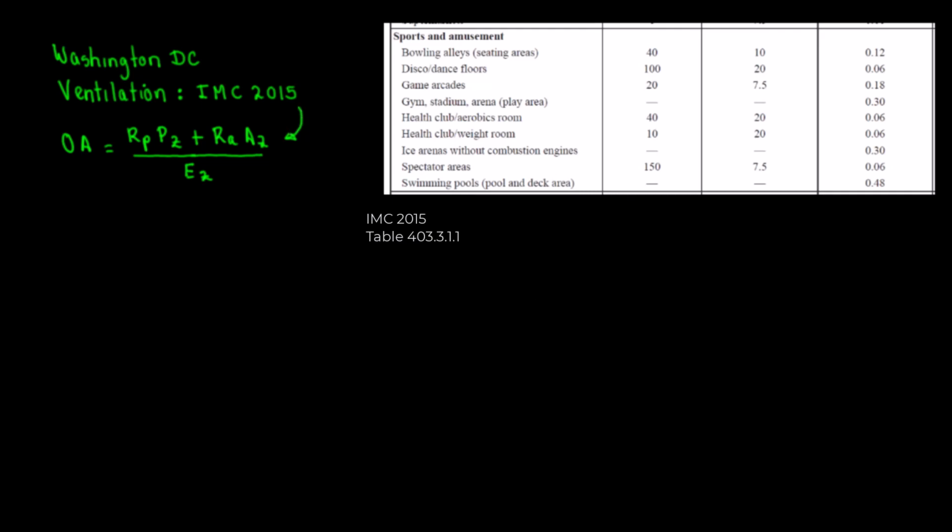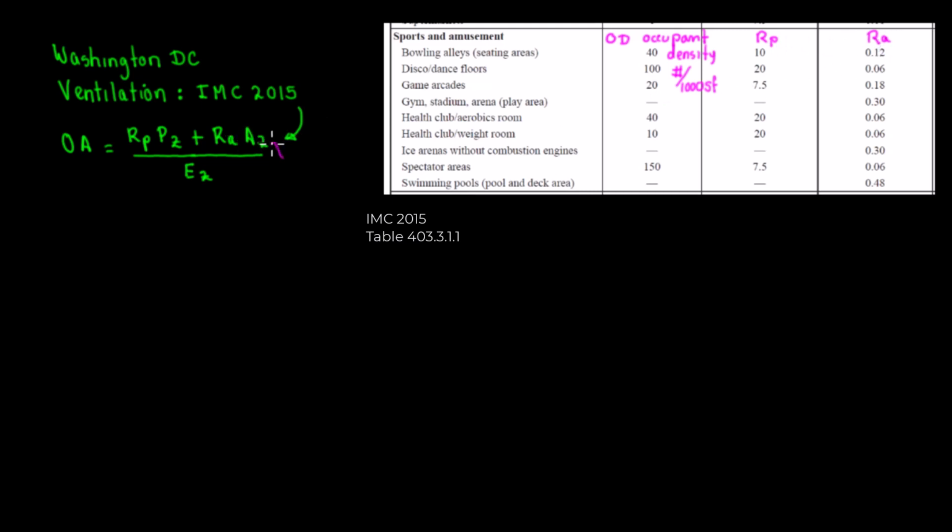In this table we have the column called OD, occupant density, which is pretty much the number of people per every 1,000 square feet. On the other side, we have RP, and then we have RA.